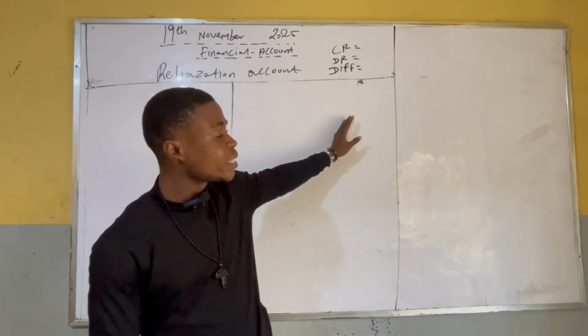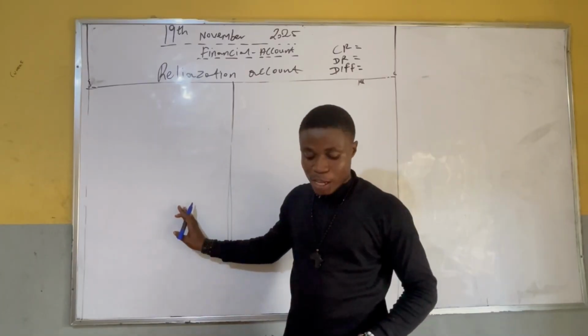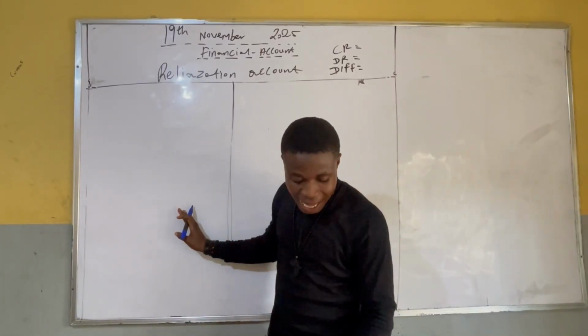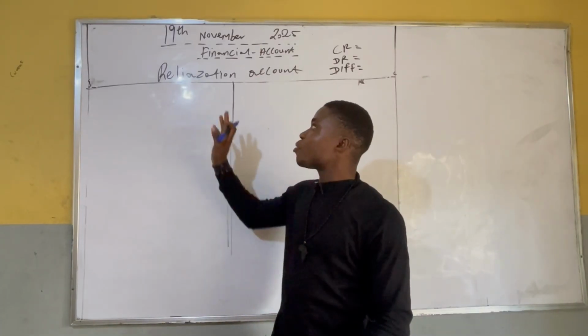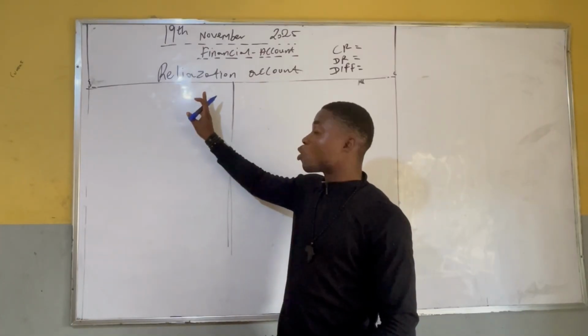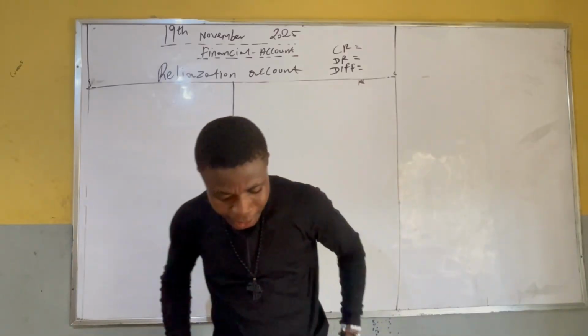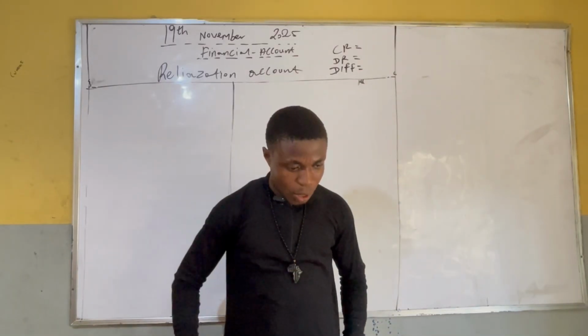Listen, it's not everything. Cash will not appear at this particular side. The cash will appear in cash book, not in realization account. Please note that.